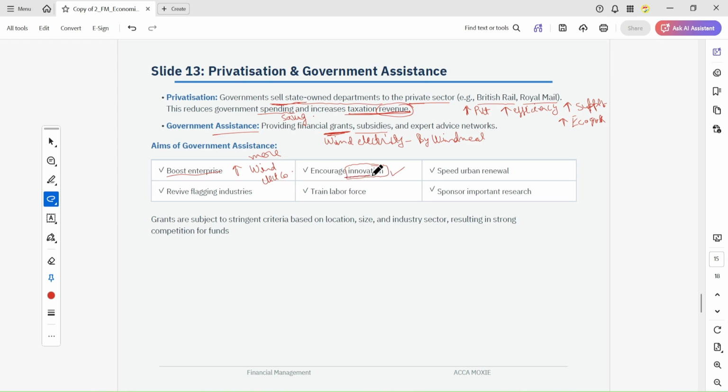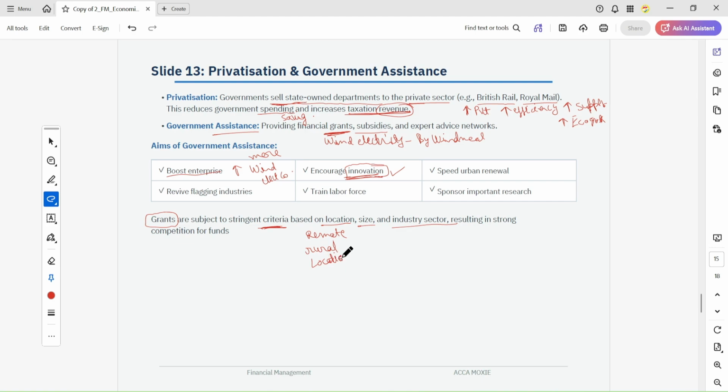assistance for innovation. These types of grants are subject to stringent criteria, and are given based on the criteria fulfilled. For example, the location is a remote rural location.